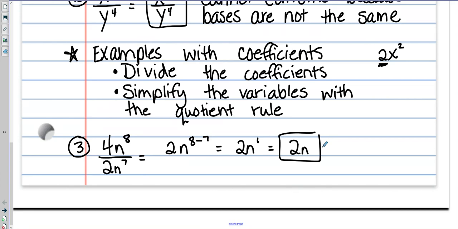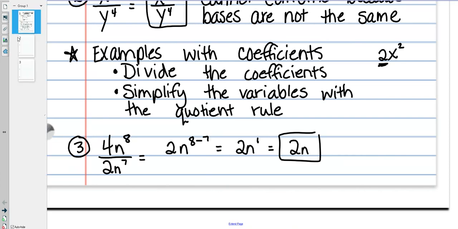Okay, let's move on to another example. I'm going to move on to the next page. Okay, so this one is going to be number 4. Let's say I have 8 to the negative 4th power over 8 to the 2nd power. So here I notice that the bases are the same, so we can subtract the exponents.